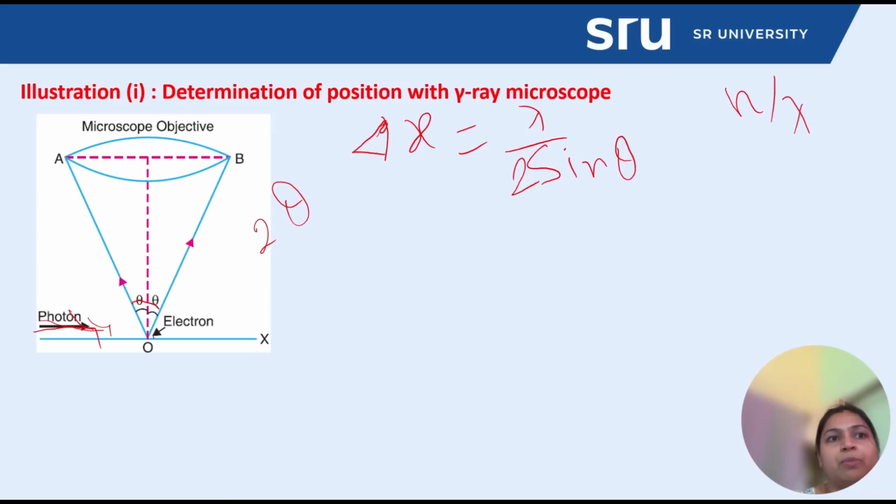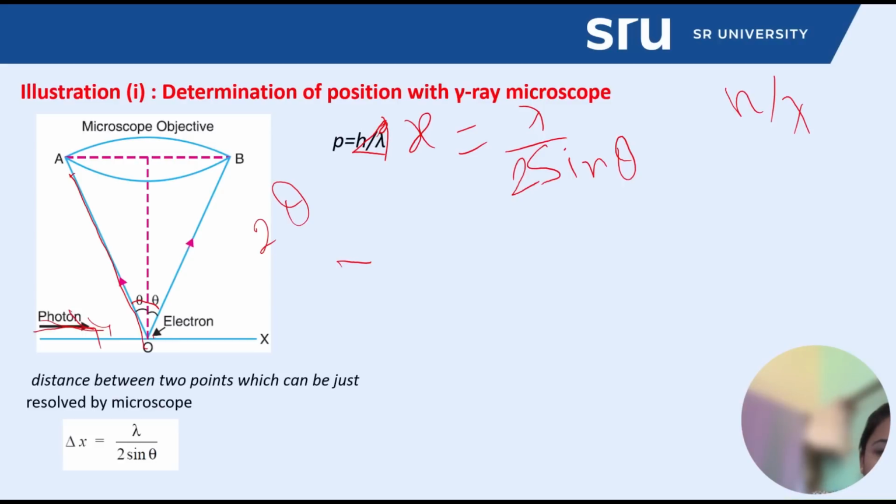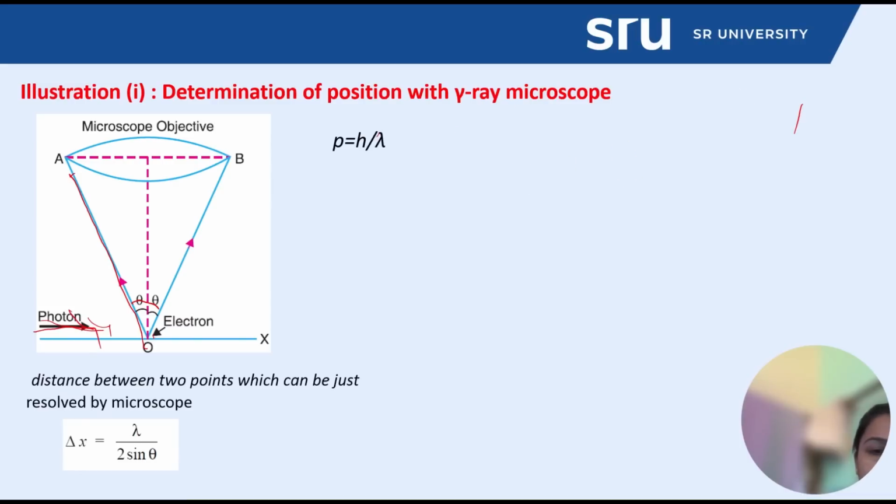So delta x is equal to lambda by 2 sine theta.